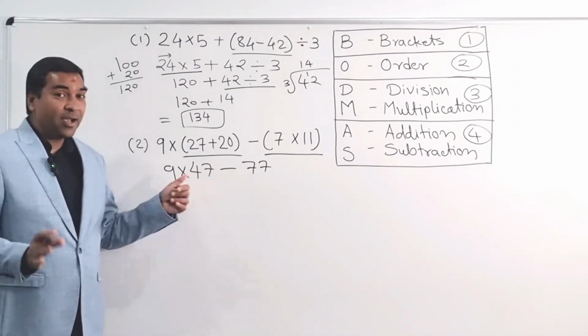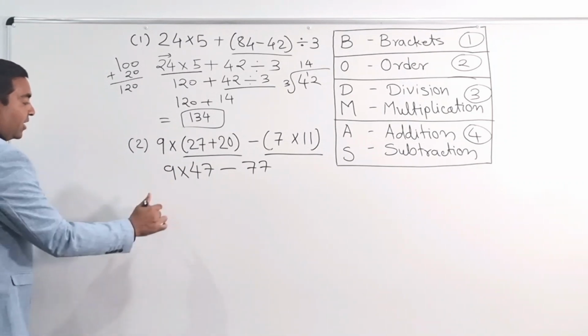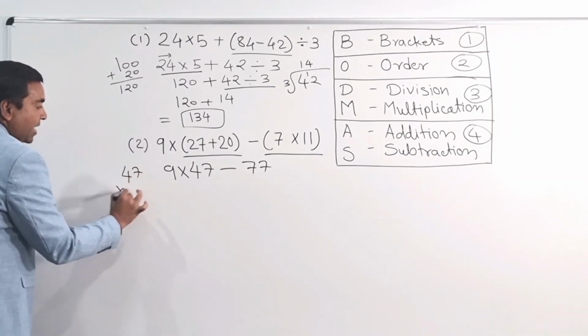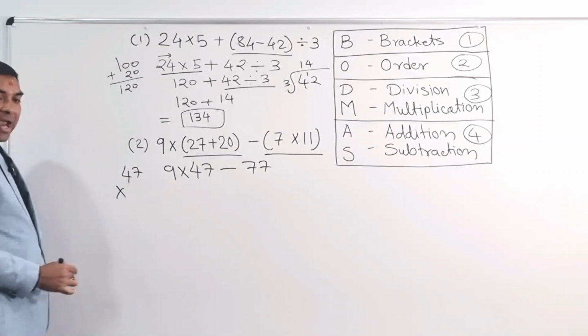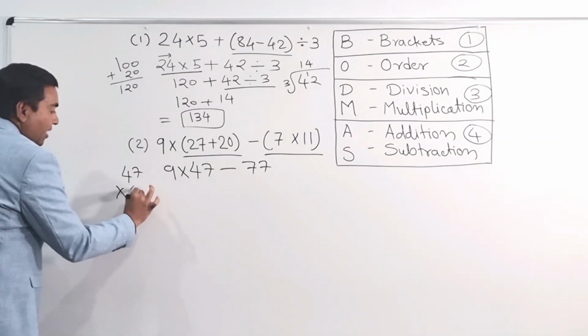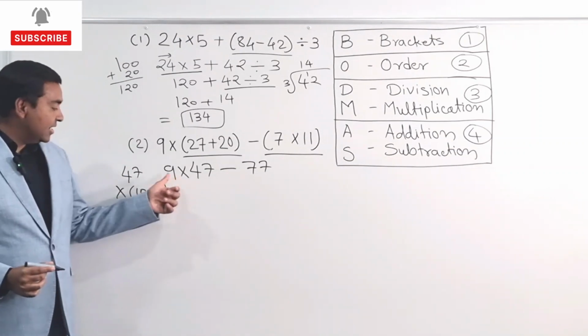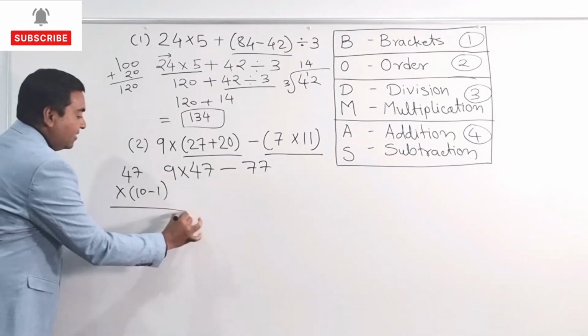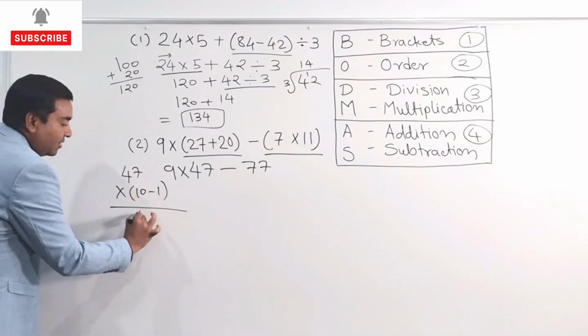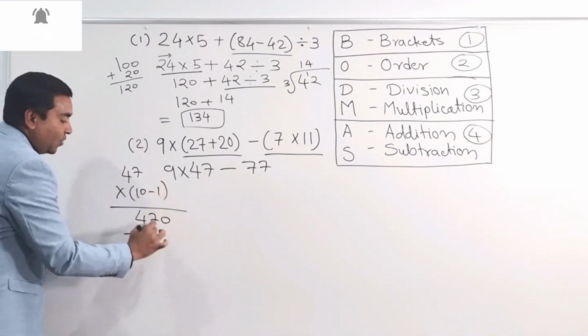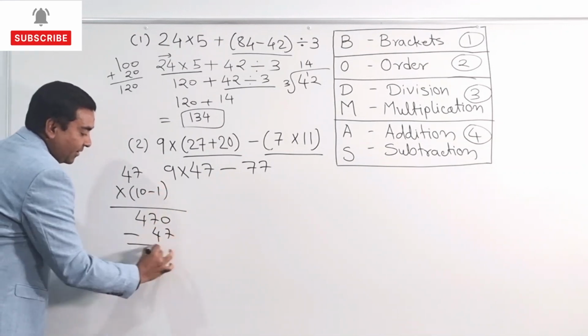Now 47 times 9, you can do in your conventional way, but if you want to learn the cool technique, I'm going to teach you that as well, guys. So whenever you're doing 47 multiplied by 9, instead of 9, what you can do is write down 9 as 10 minus 1, can't you? Because 9 is 10 minus 1. And then 47 times 10 is 470. And then minus 47 times 1 is 47.